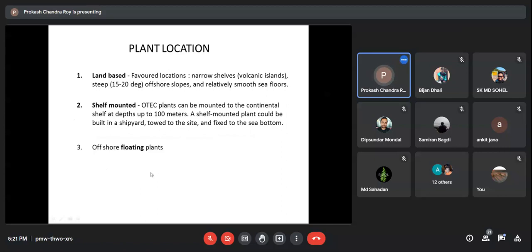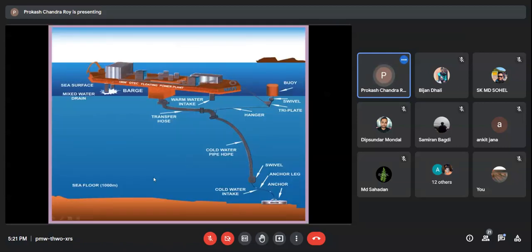Hardly will we get this type of condition, and based on that understanding, think about this plant. This is a power plant. We take the cold water from this location and the hot water from the top of the surface.